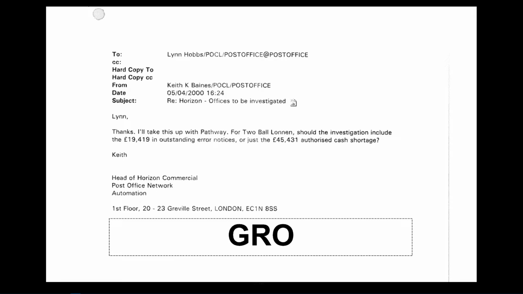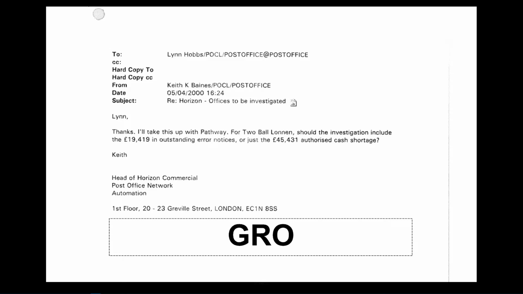From Keith Baines to Lynn Hobbs, for 2 Ball Lonnon, should the investigation include the 19,000 in outstanding error notices or just the 45,000 authorised cash shortage? And at that time, we can see Keith Baines was head of Horizon Commercial.